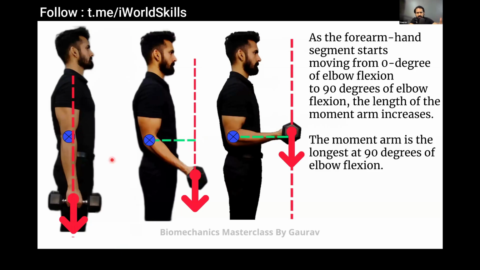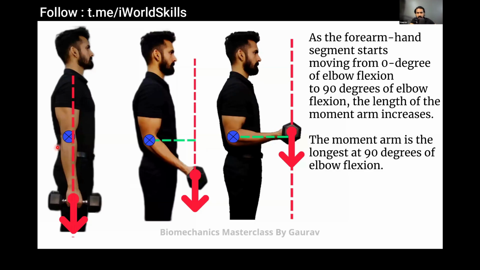If you use your visualization more, you will be able to visualize that as soon as you start flexing your elbow, the moment arm is going to come into existence. And that moment arm will keep getting longer and longer. When you reach 90 degrees of elbow flexion, that moment arm will become the longest.